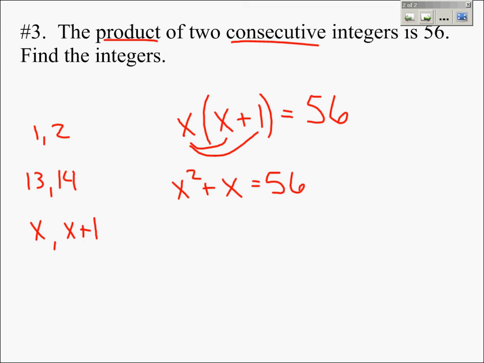I notice that there's a squared and a non-squared variable, so I need to use the quadratic. I minus my 56 on both sides. I have x squared plus x minus 56 equals 0. I want you to pause the video, go through the process of the quadratic equation, and see if you get the same answer.